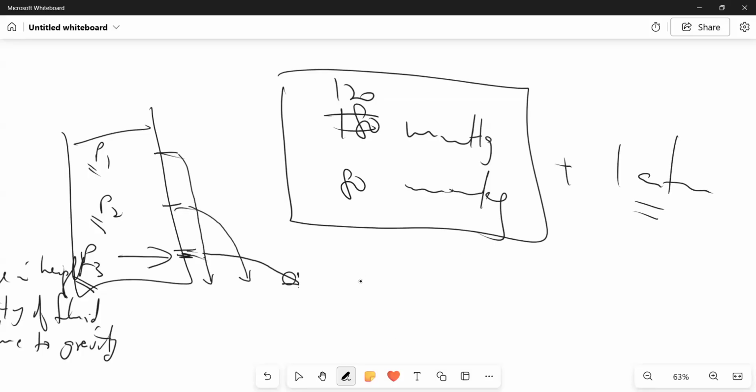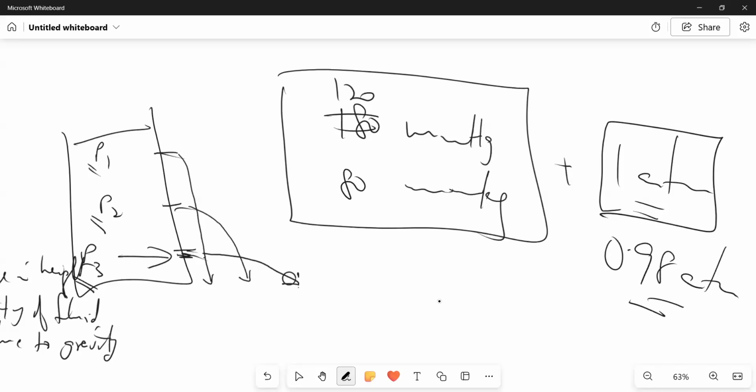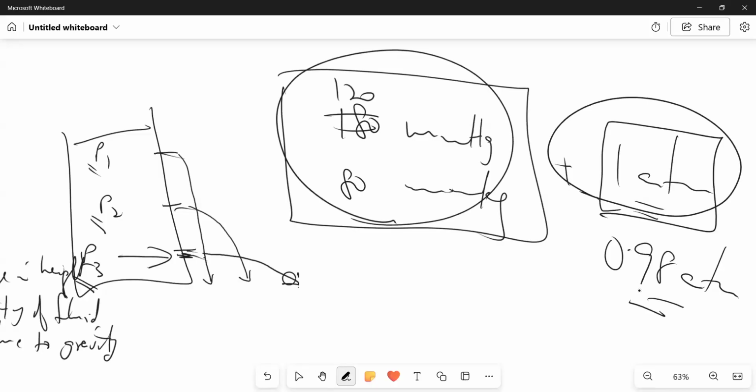But when you go to these high altitudes, like the high buildings or the hills or the mountains, let's say you go to a place where the pressure is not a full 1 atmosphere. It's a little less, maybe 0.98 of an atmosphere. Now remember, your heart is used to producing this amount plus the 1 atmosphere. So you see this 0.02 atmosphere difference?